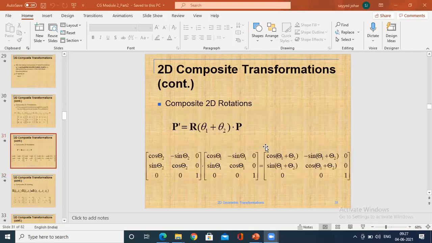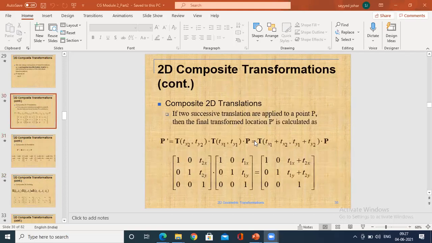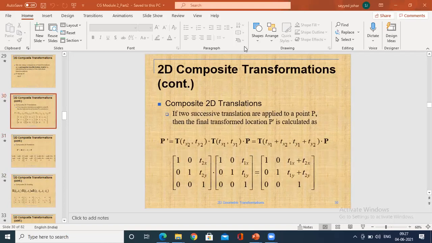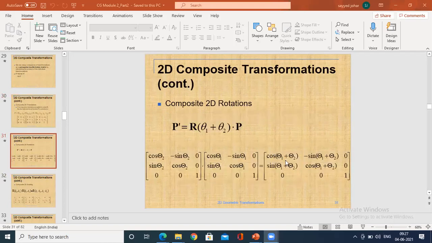2D composite transformations. So two successive rotations, two successive translations. This was studied in the last class at the end. How do you represent successive translations? Two successive translations are additive in nature, and we have done two successive rotations along the two angles theta 1 and theta 2 to a fixed point called P. So P is represented over here.